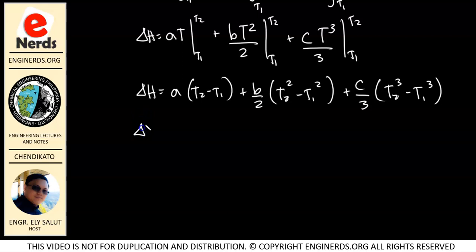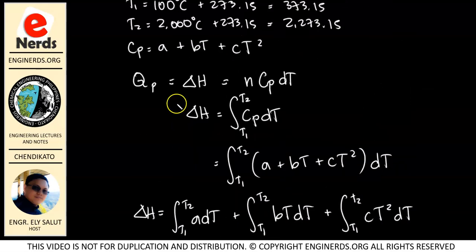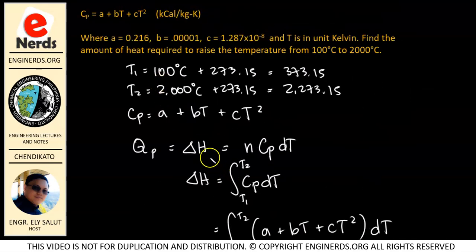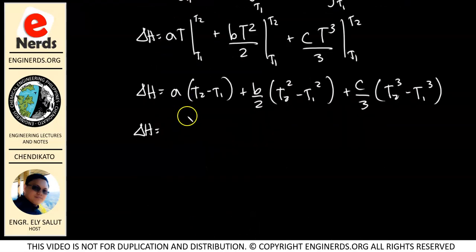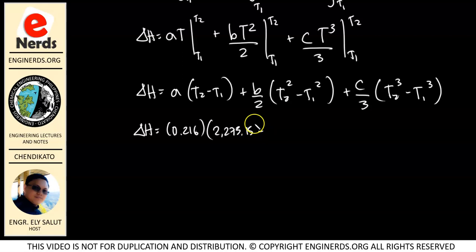So now let us use that here. Our delta H is equal to our A. Let us substitute na lahat ng ating value. Our A is equal to 0.216. So we'll write that here: 0.216 times our T2, which is 2273.15, minus our T1, which is 373.15, and this is in Kelvin.